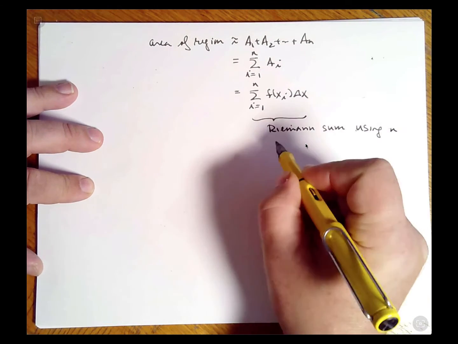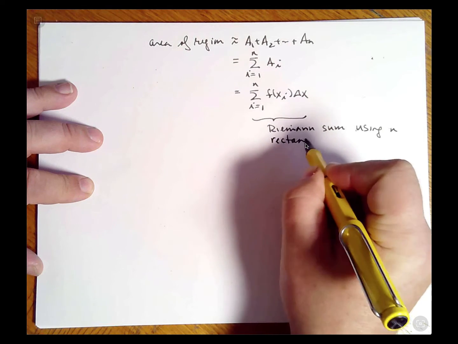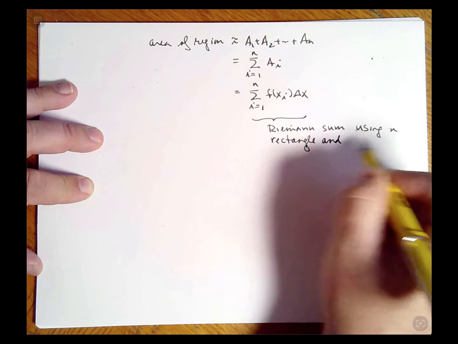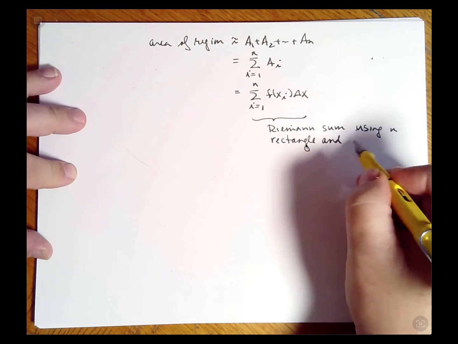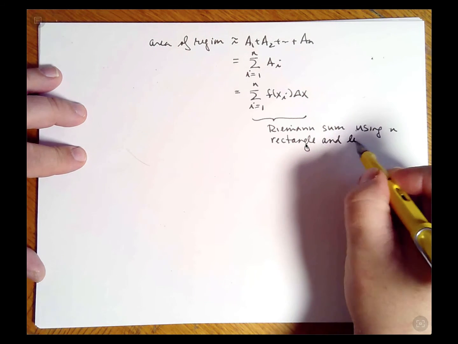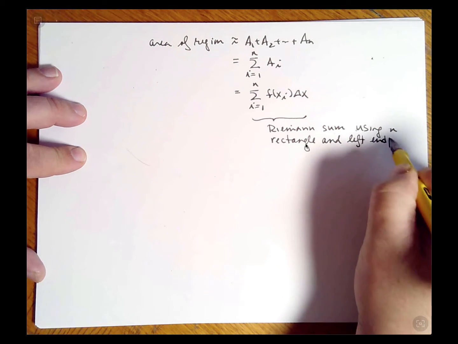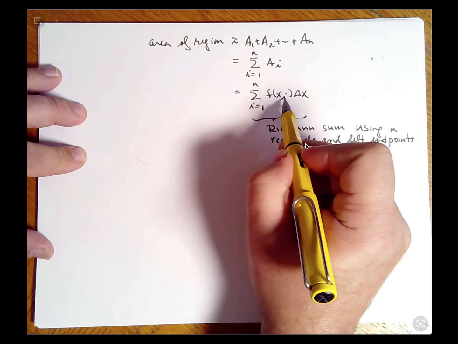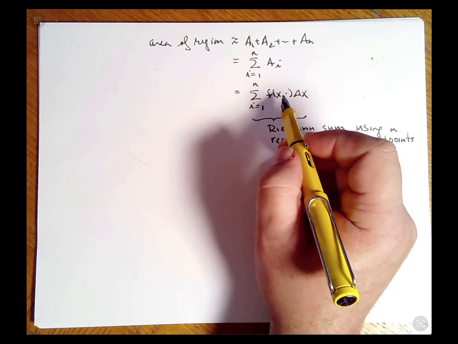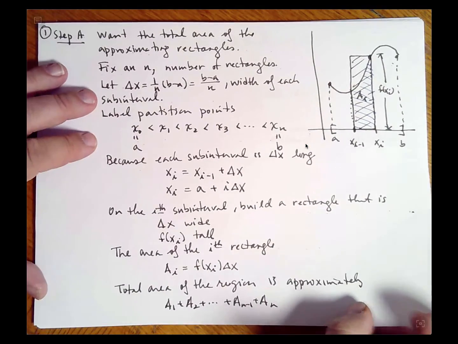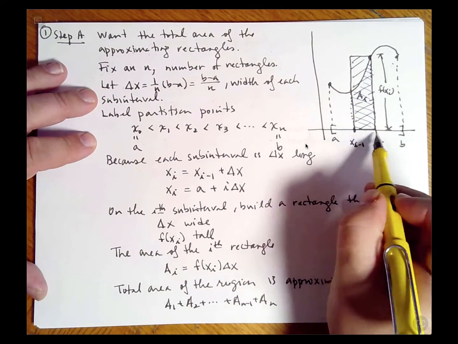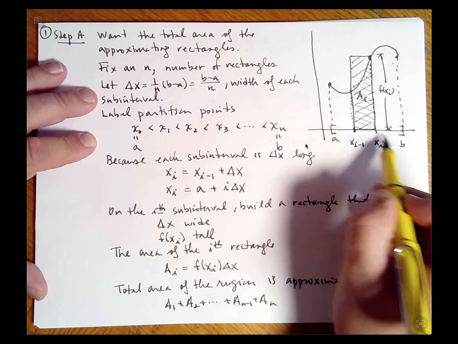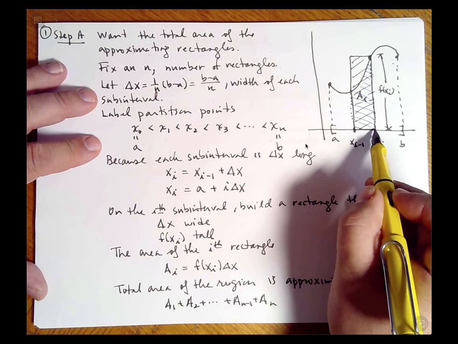Using n rectangles. And if we want to put a fine point on it, we could say and left endpoints. Because here these xi's, these are the left endpoints of the subintervals we've created. So here's our picture. On the ith subinterval here, I used its left endpoint. Oh, right endpoint.